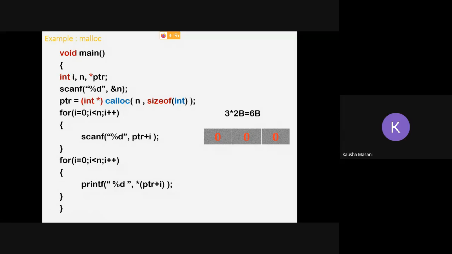In your third window, go and open the third window, and in that copy paste the previous program, the program in your second window, and instead of malloc, make the changes for calloc.